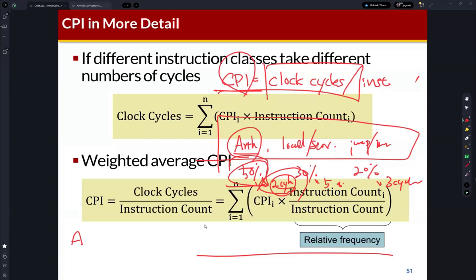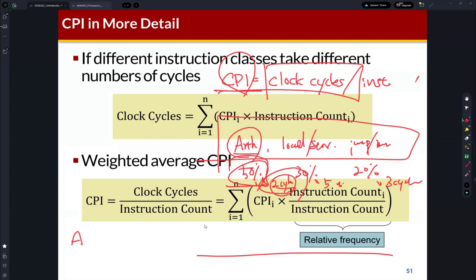Then we can just measure the average CPI by the types of instruction. Because the composition of the instruction class is different, the average CPI can be different by applications, right? So the CPI can also be influenced by software, right?